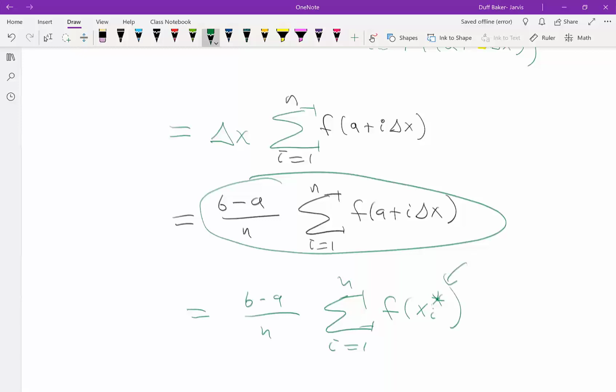So remember, these are selections from the ith interval. So it could be the right endpoints, it could be the left endpoints. This is sort of a more generic version. Whenever we say x sub i star, we're usually going to mean a plus i delta x because that's the right endpoints and that's the easiest one to use.